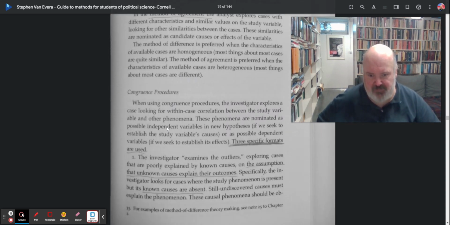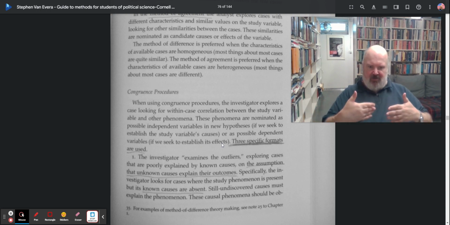Congruence procedures. When looking at congruence procedures, the investigator explores a case looking for within-case correlation between the study variable and other phenomena. These phenomena are nominated as possible independent variables in a new hypothesis if we seek to establish the study variable's causes, or as possible dependent variables if we're trying to establish its effects.